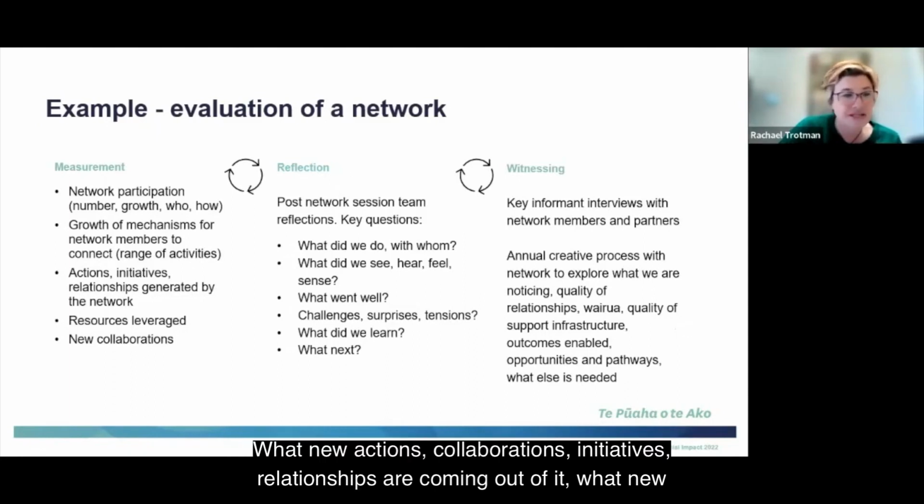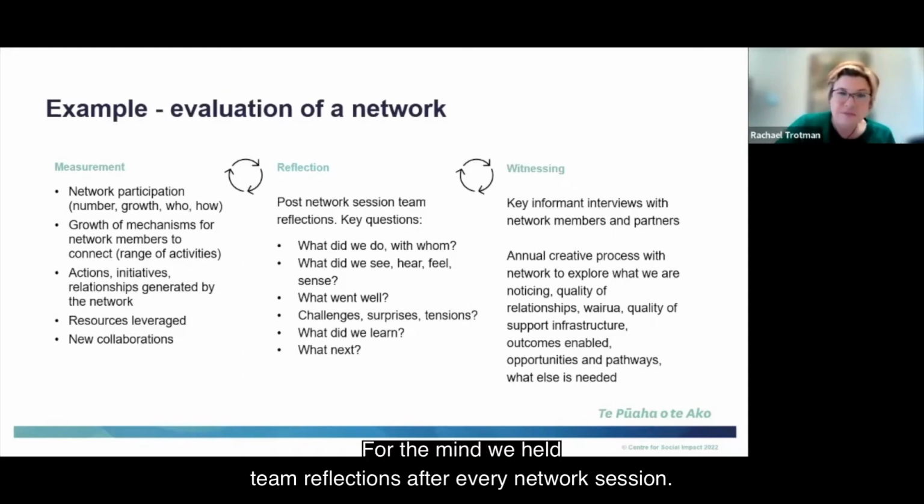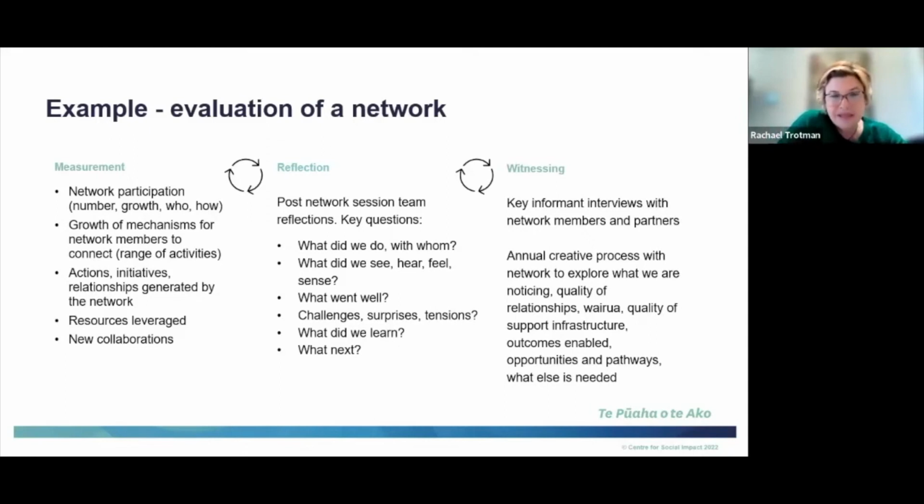What new actions, collaborations, initiatives, relationships are coming out of it? What new resources? So that's a more quantifying set of things there.